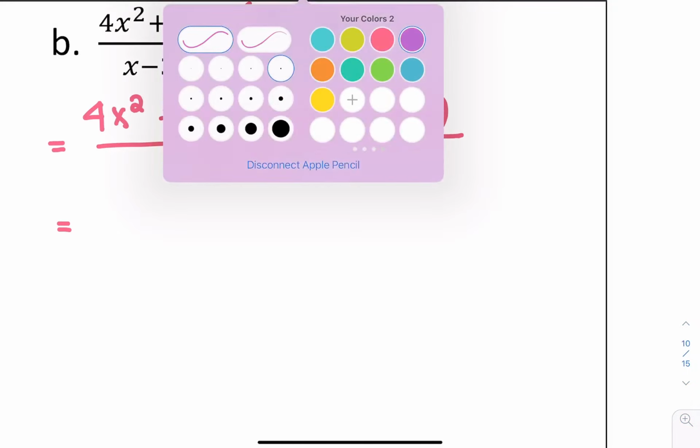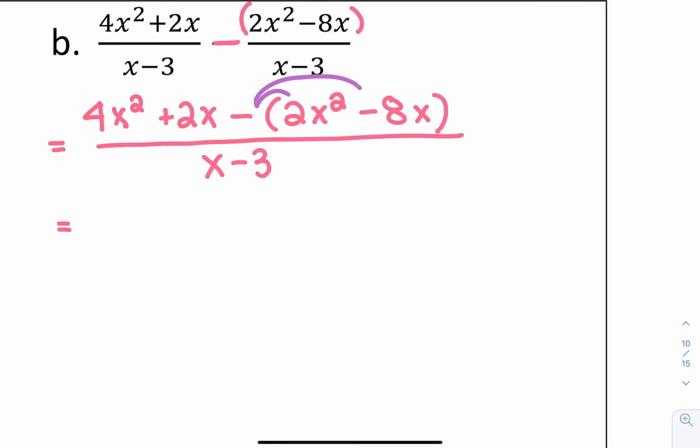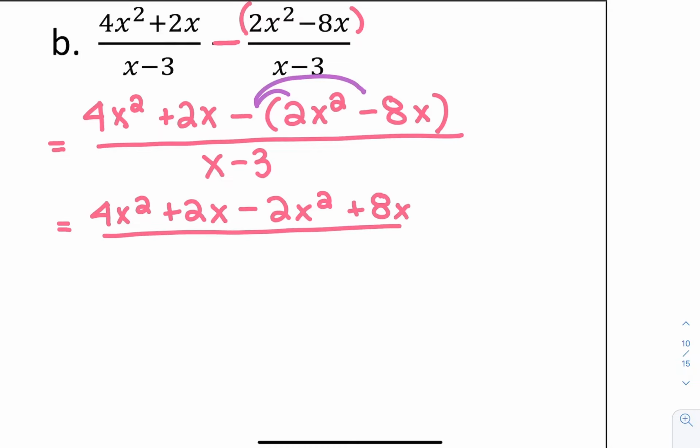Now I'm going to distribute this minus sign to both of these terms. This is the part that you'll probably mess up on the most with subtraction. So I have 4x squared plus 2x minus 2x squared. Now minus 8x is a plus 8x all over x minus 3.